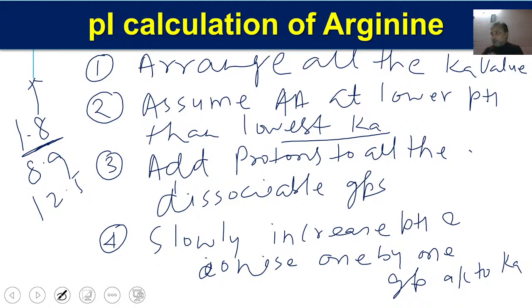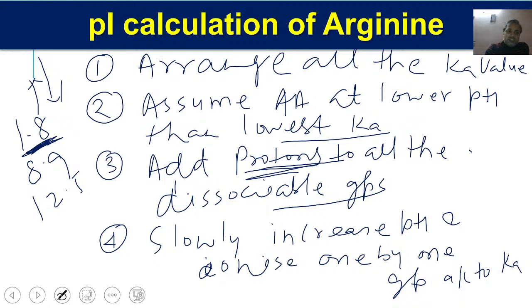At that particular pH, the amino acid will be in the most protonated form, like COO will be in the form of COOH, NH2 will be NH3, so most protonated forms. So add protons to all the dissociable groups, and then slowly increase the pH, and as soon as you reach here, one group will dissociate.